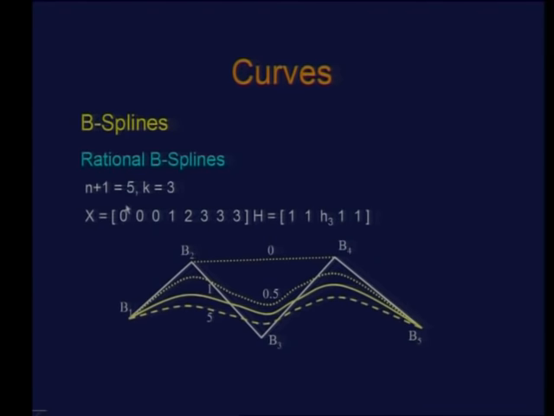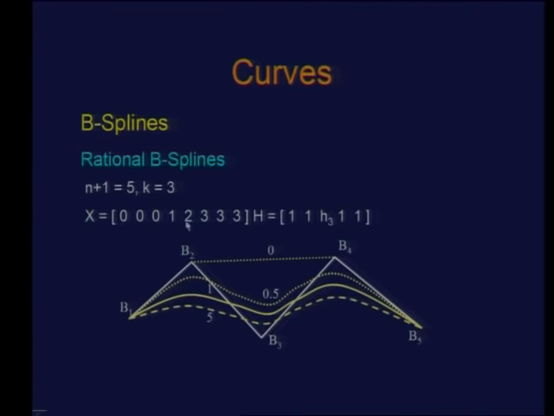And if I use the open uniform knot values with k repetitions at both ends, and starting, let us say, the knot vector at 0 with integer increments, this is what I will get as the knot vector, where the size of the knot vector should be n plus 1 plus k.